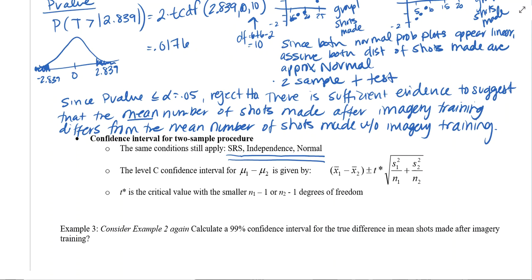So it's very similar to our structure that we've been doing. We're subtracting the sample means here, plus or minus. T star is the same T star that we've always been calculating, just watch your degrees of freedom. And then this is the standard deviation for the two sample situation.